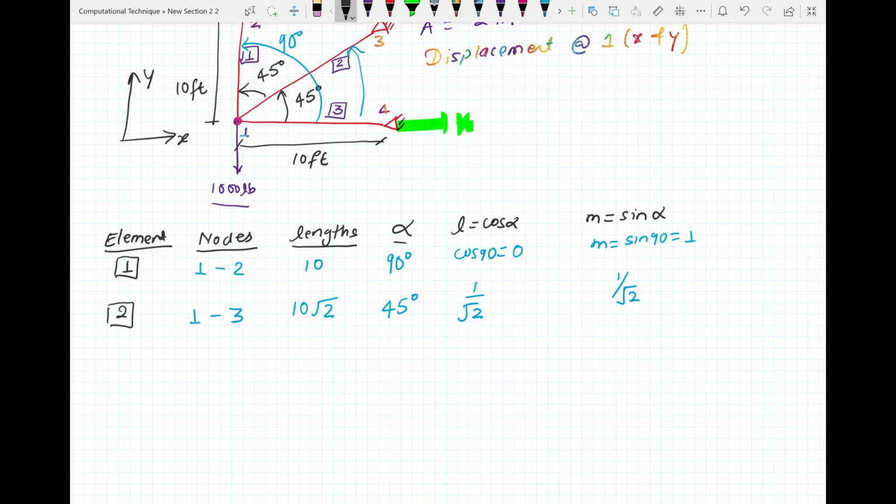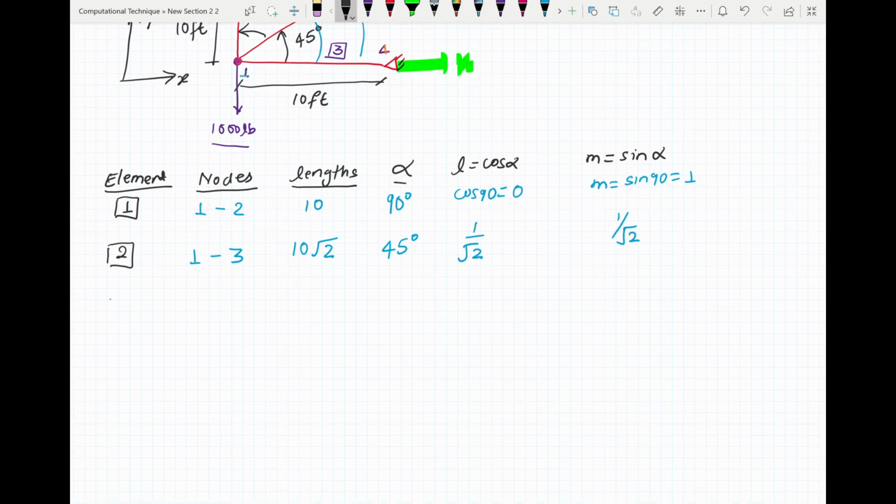For our third element, which is this one here, we have 1 to 4, and our length is 10 feet. Alpha is, you can see here that this is oriented in the x direction, therefore alpha equals 0 degrees.